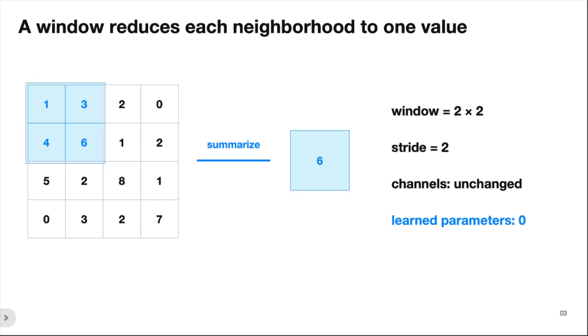The exact same operation is applied separately to every channel. Unlike convolution, ordinary max or average pooling has no learned weights and no bias parameters.